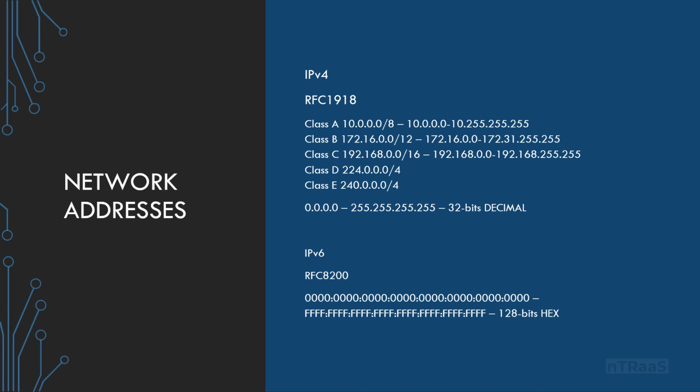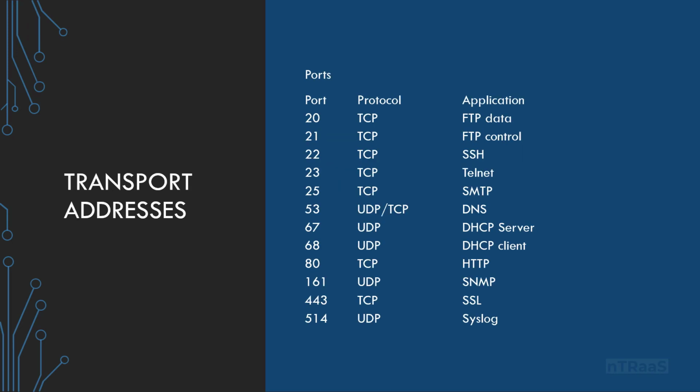On top of IP addressing, we also have to understand ports. Once again, the transport addresses. There are a few examples here that you might want to remember. FTP, or the File Transfer Protocol, in TCP 20 and 21. A real big one is the SSH TCP protocol on port 22. Telnet on TCP 23. SMTP, or the Simple Mail Transport Protocol, on TCP 25.